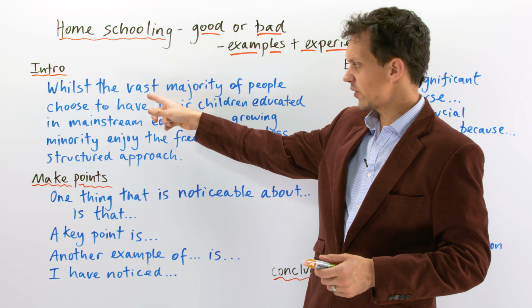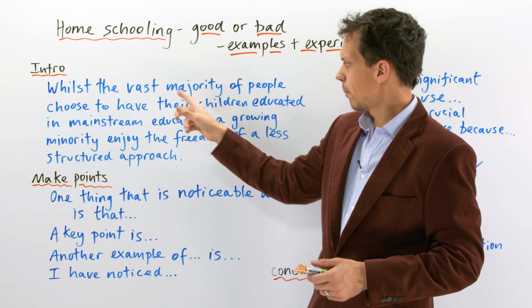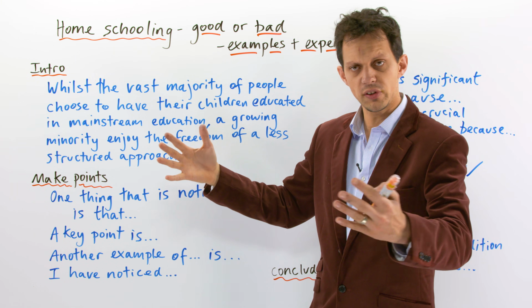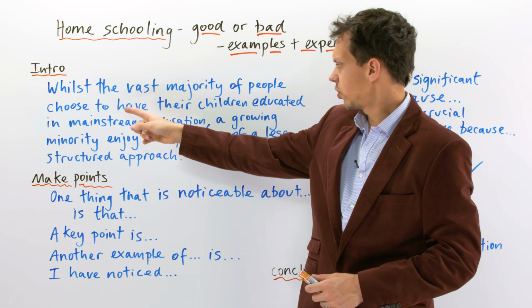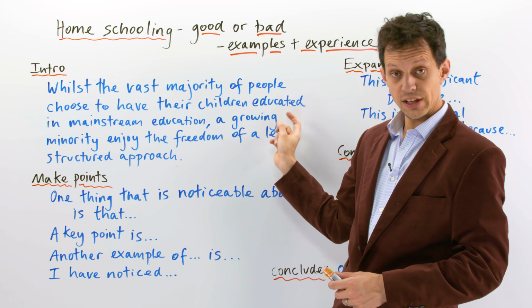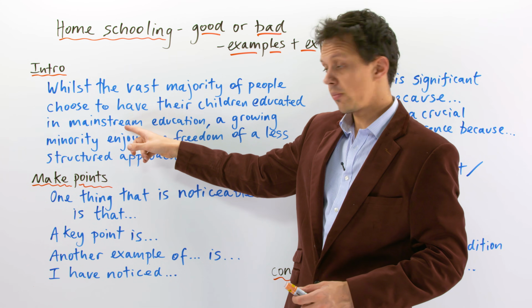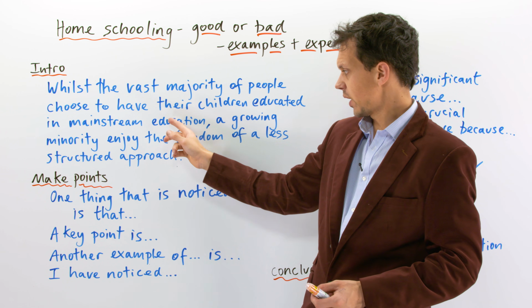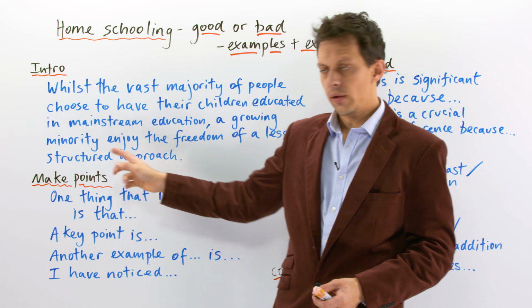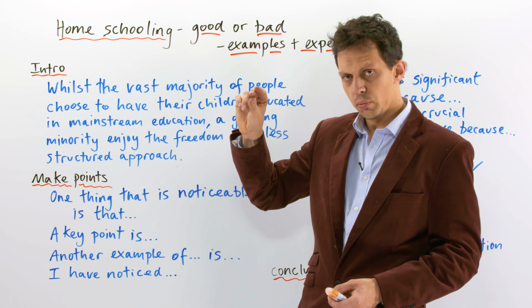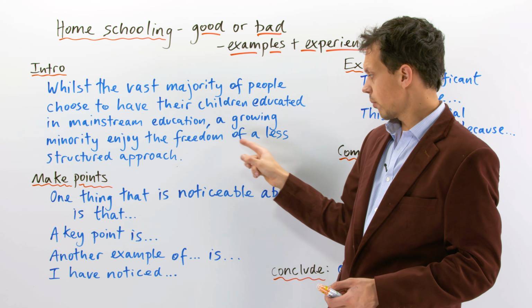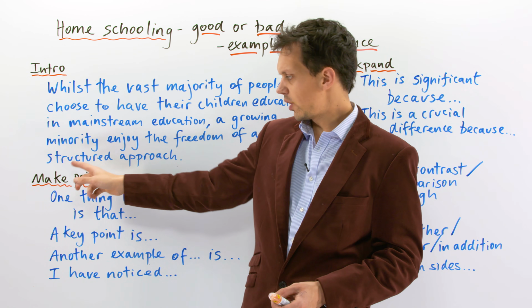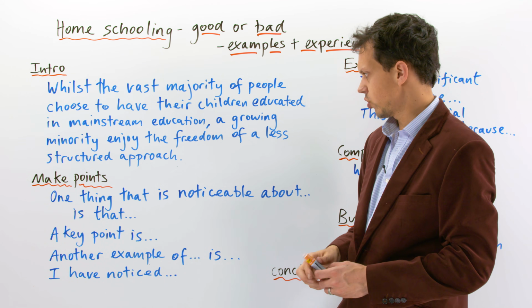Whilst the vast, that means the large, the bigger, majority, so majority, most people of people choose to have their children educated in mainstream, that means sort of normal government education, a growing minority, small amount of people, enjoy the freedom of a less structured approach.